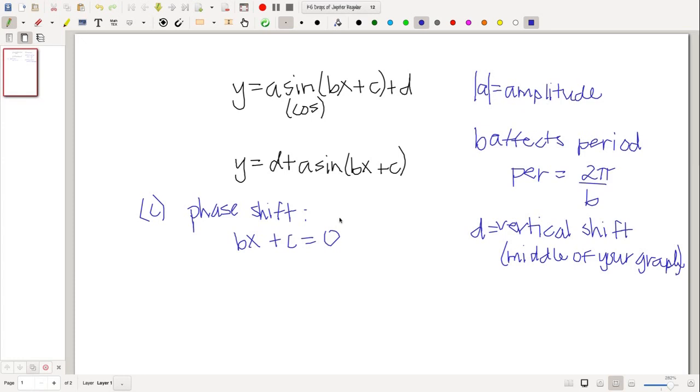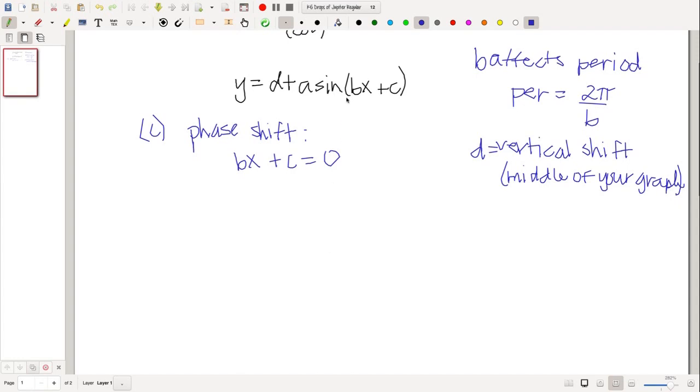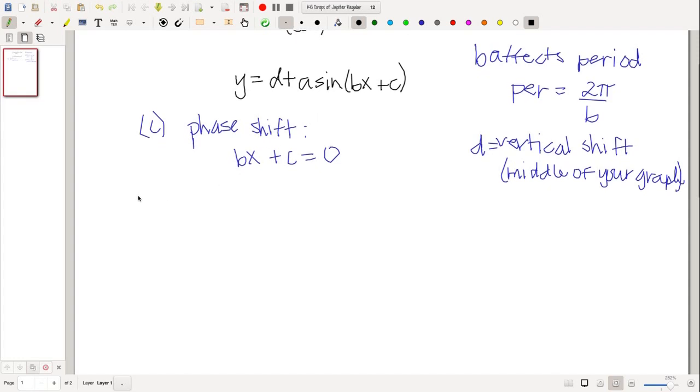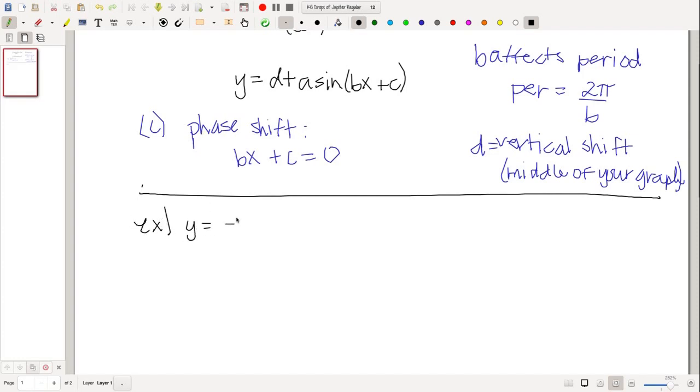All right, so let's look at an example. Let's go back to black. We are going to graph y equals -4 cosine of 5x plus 2.